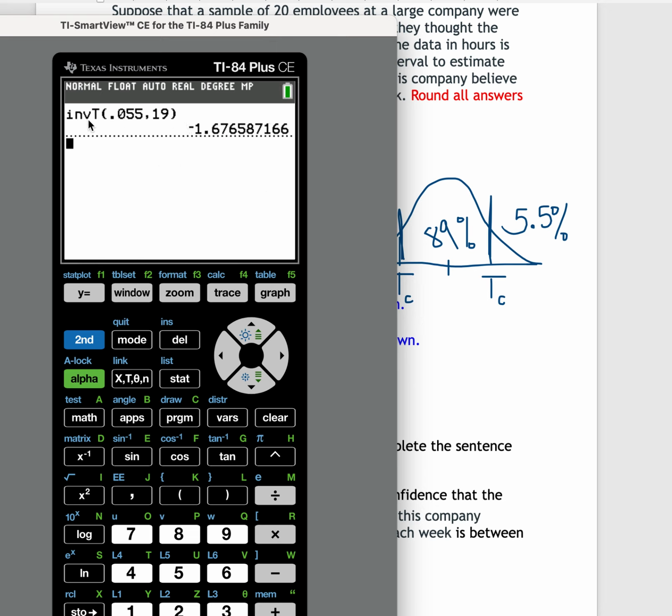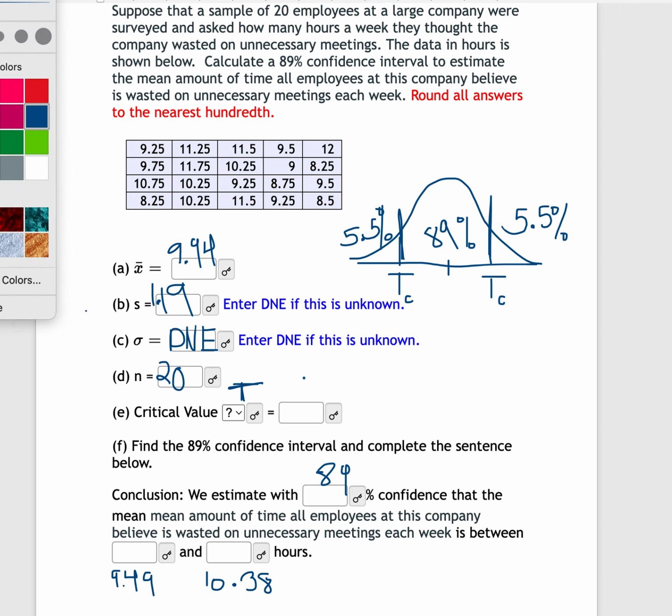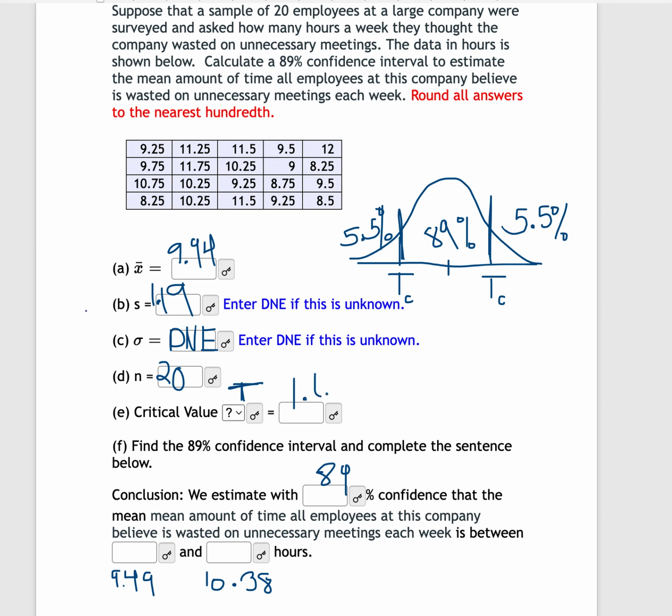And our inverse t gives us that it's 1.6. We're going to round this to an 8 because this is bigger than a 5. So our t critical is going to be 1.68. So on this end, since it's below the mean, this would be negative 1.68.